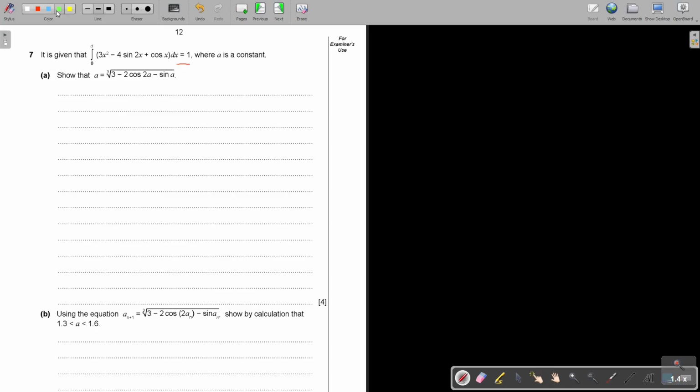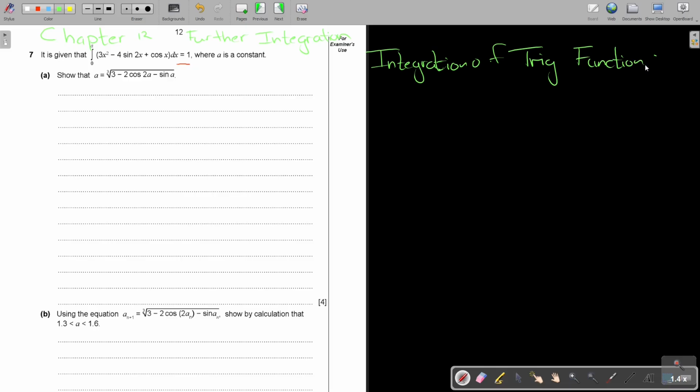Where will you find it in the y equals mx plus c mathematics textbook? You will find it in chapter 12, which is further integration, and this is integration of trigonometric functions.